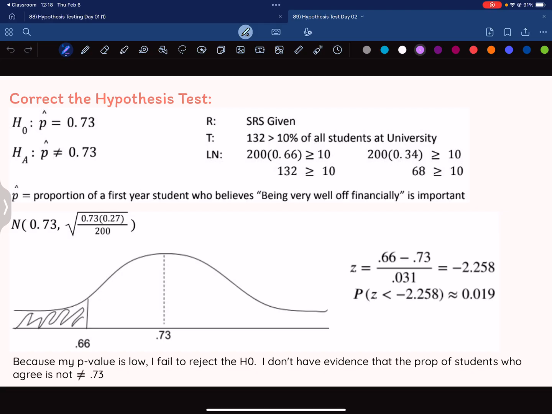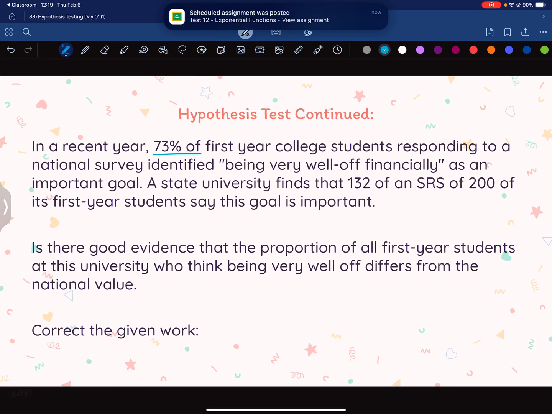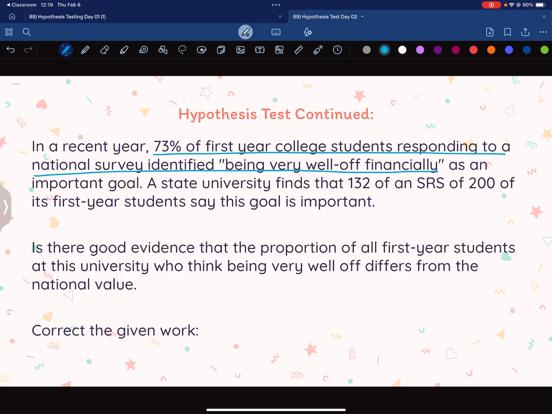The first thing that always resonates with me is what I was stressing in the last video, or in our first lesson: the null hypothesis and the alternative hypothesis, all of these, should be based off the true P. So coming back and looking at it, 73% of first-year students responding to a national survey identified as being well off.